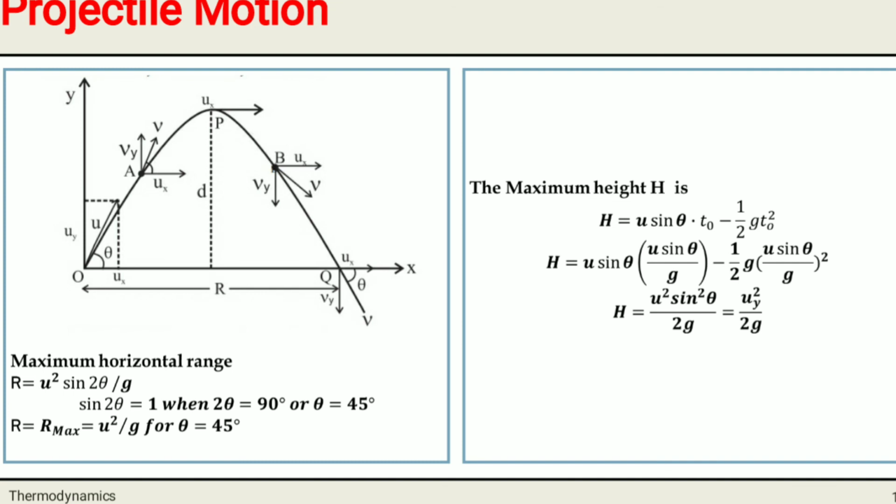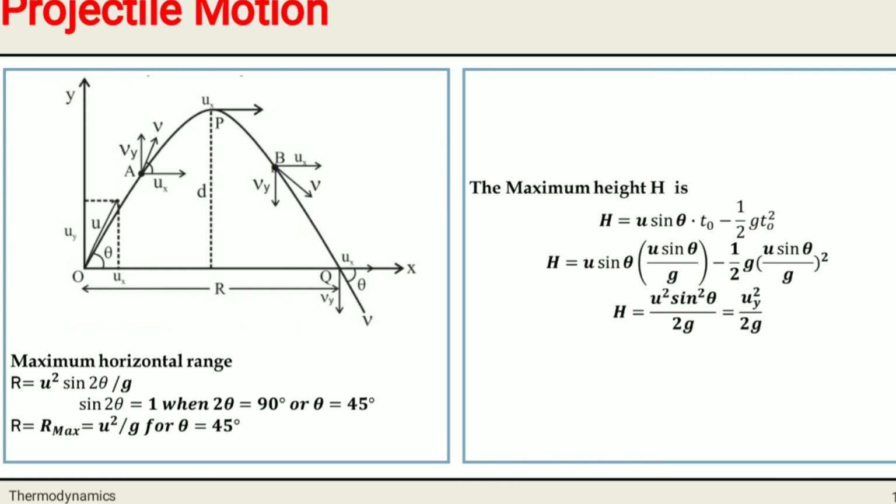So R is equal to R max when 2 theta is equal to 90 degrees, or theta is equal to 45 degrees. Then sin 2 theta is equal to 1, so u square divided by g for theta equal to 45 degrees. This will be the maximum horizontal range for the projectile.